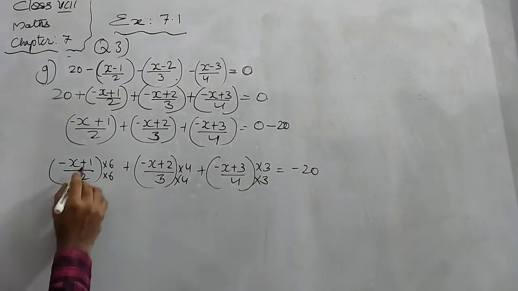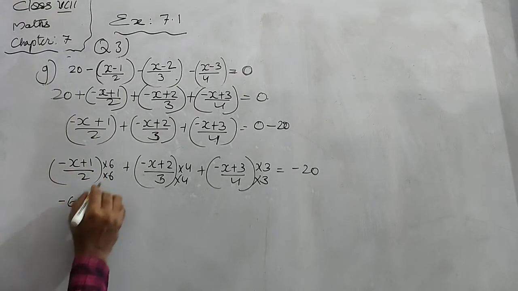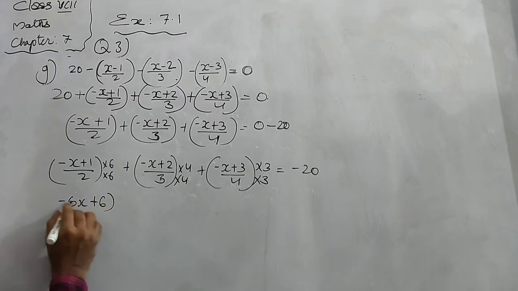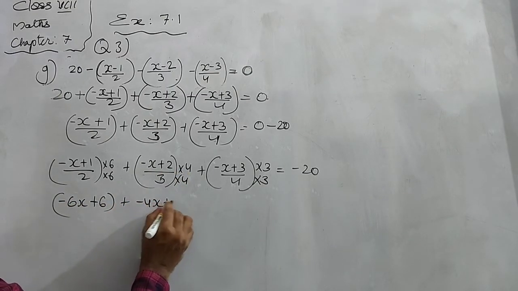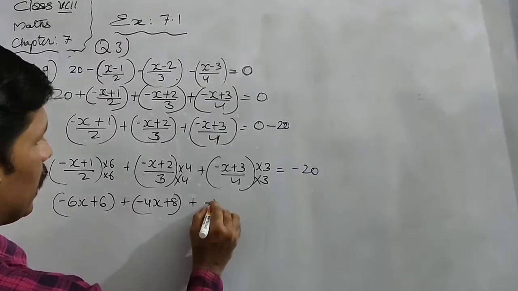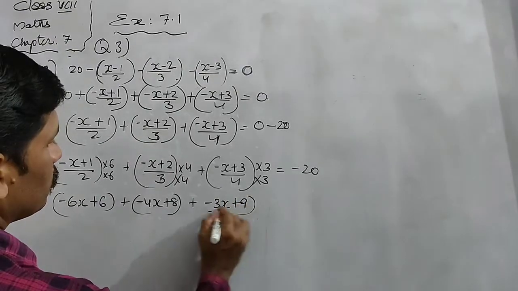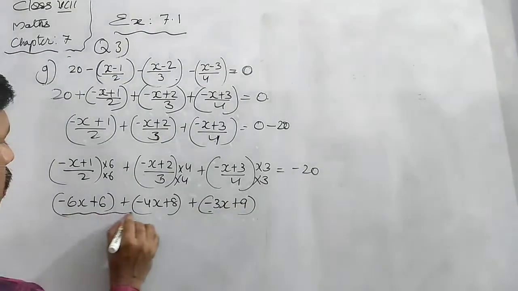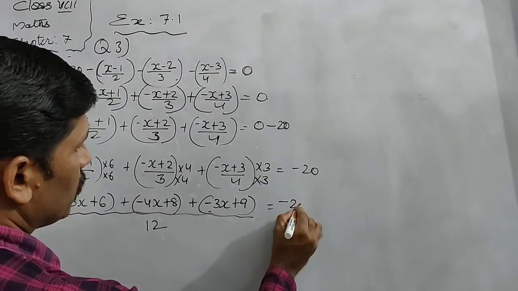Now students, here we multiply 6 into negative x is negative 6x plus 6, and plus negative 4x plus 8, plus negative 3x plus 9, upon 12 is equal to negative 20.